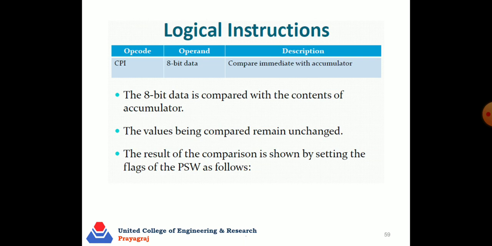If the accumulator is less than the 8-bit data, the carry flag is set, and if the accumulator is equal to the 8-bit data, the zero flag is set.